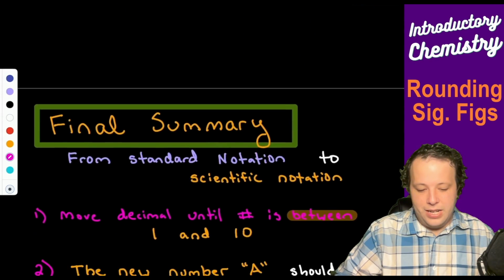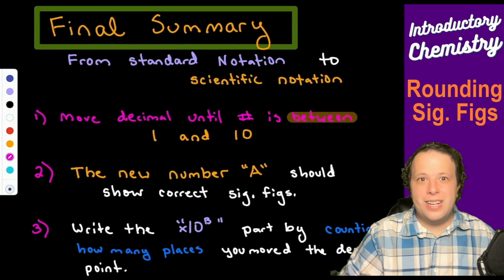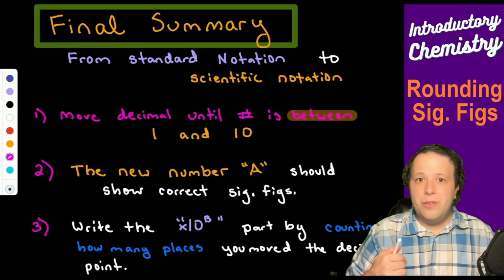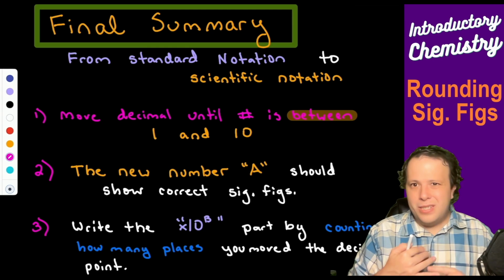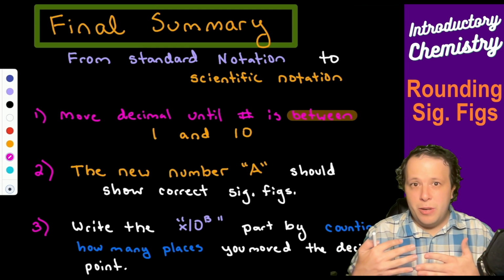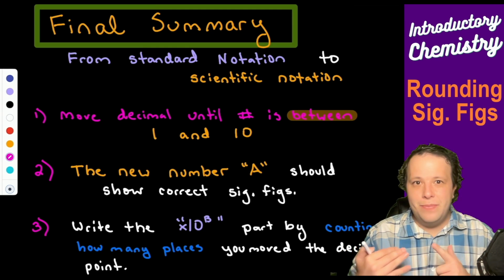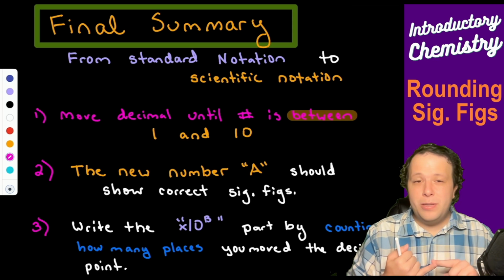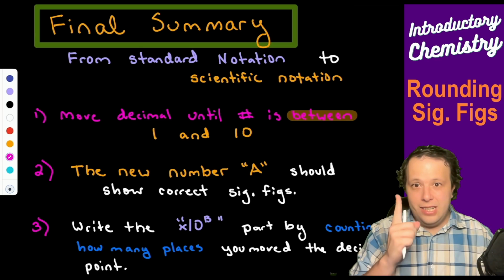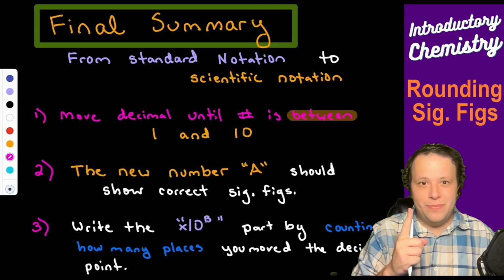Now, what's the final summary when it comes to scientific notation? Well, if we're going from standard form, so seeing really big numbers or really small decimals, to scientific notation, you move the decimal until it's between 1 and 10. Keyword between, right? It has to be a single digit in the front of scientific notation.